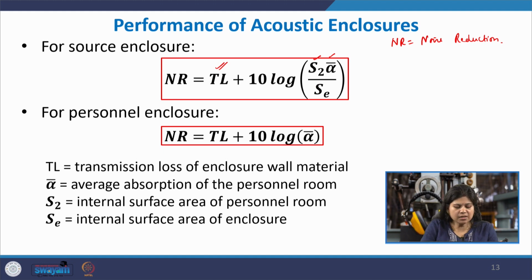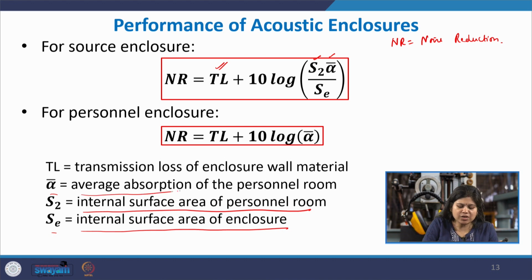S2 is the internal surface area of the personal room and SE is the internal surface area of the enclosure, and alpha dash is the average absorption of the personal room. For the personal enclosure, the noise reduction is given by transmission loss plus 10 log of just alpha bar.